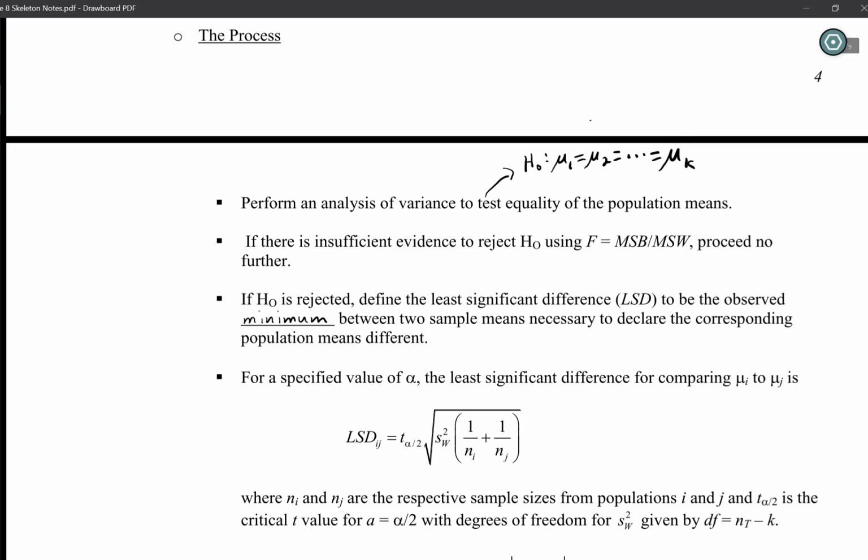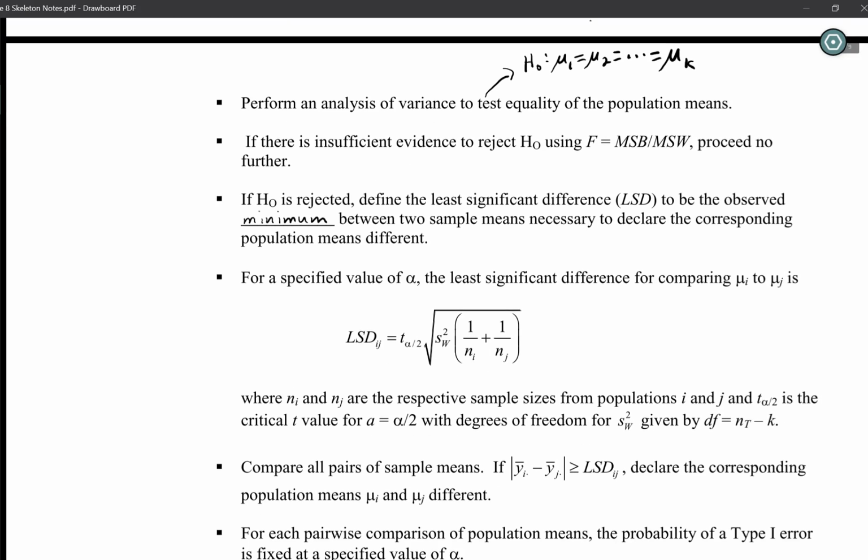Okay, in other words, to test say mu1 versus mu2, we're gonna look at y1 bar and y2 bar and check it versus this LSD quantity.